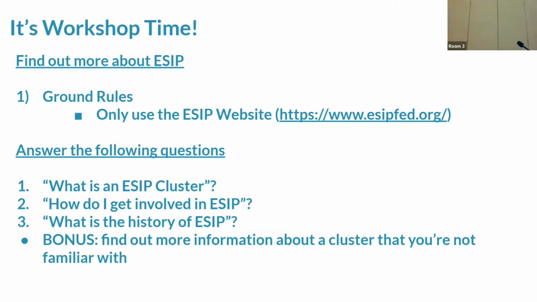And then the third one, the history of ESIP, is under the About category. Details are there. And there's a specific section in the cluster section about how you find more information about each cluster. I kind of have to be a little patient, but the information is there. It just depends on how much of a rush you are, but the information is there though.